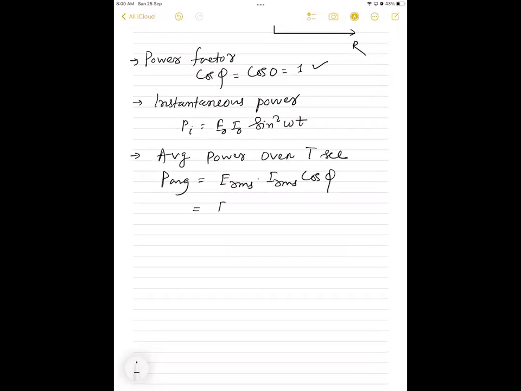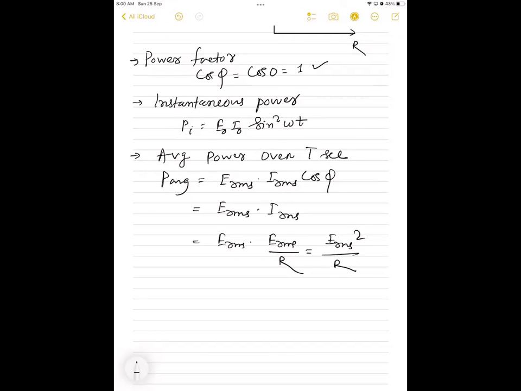Here cos phi is 1, so only E RMS into I RMS, and that is E RMS into E RMS by R, so it can be E RMS square by R. Understood? These are the formulas we are going to use in the numericals, right?